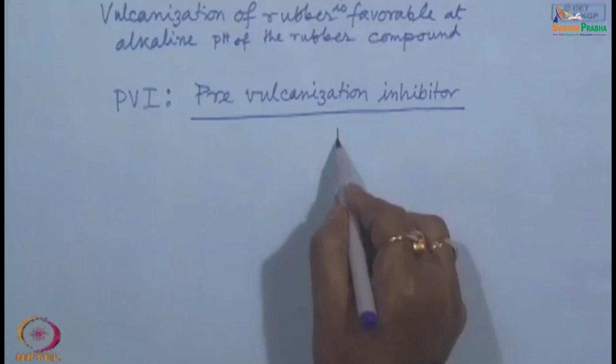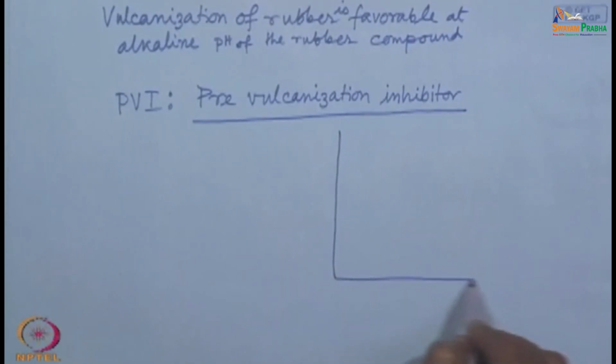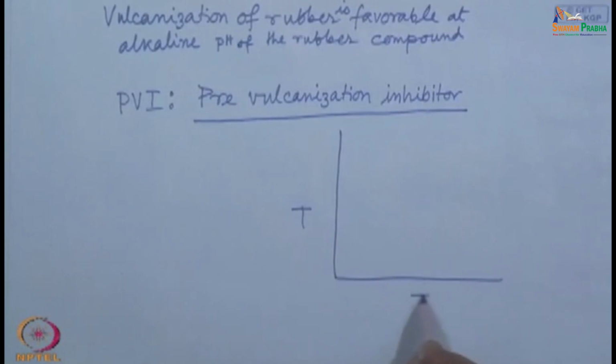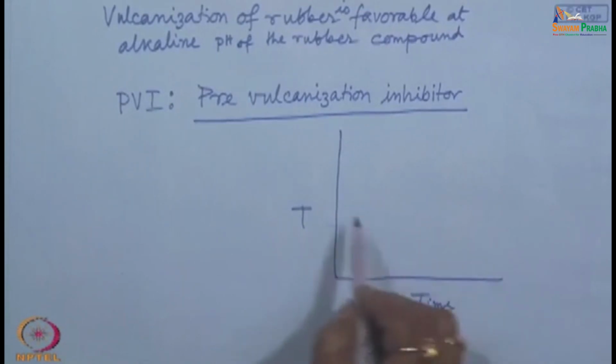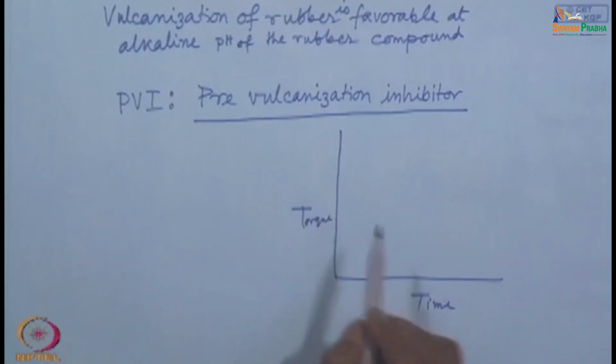Now, in order to increase the productivity of a rubber product, sometimes high speed accelerators, that means fast accelerators, are used. What happens? They produce a cure profile, a torque time profile, like this, for a very fast accelerator.